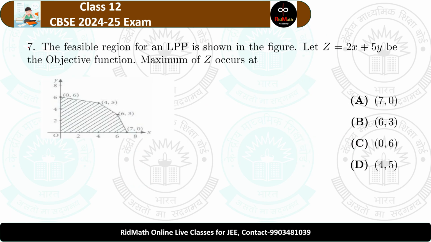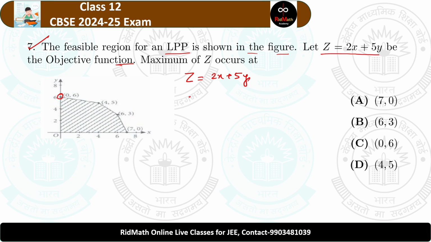Problem number 7. The feasible region of the LPP is shown in the figure. z equal to 2x plus 5y is the objective function. Maximum z occurs at which point? So z equal to 2x plus 5y, and the corner points are 0, 0; 6, 4; 5, 3; 6, 3; and 7, 0.